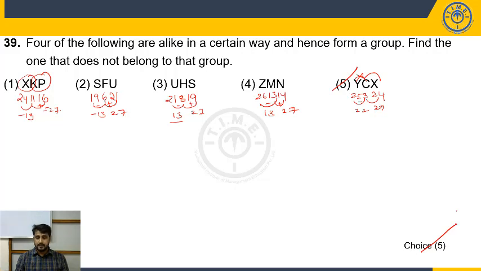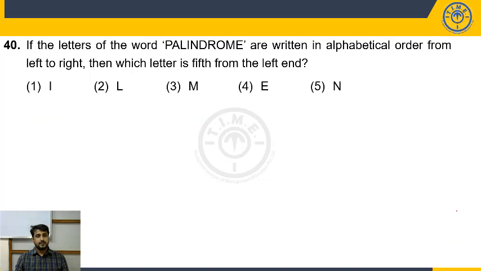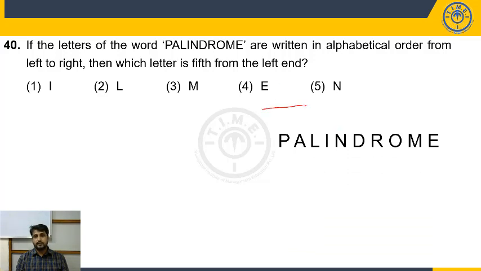Choice 5. Last question for this mock. If the letters of the word palindrome are written in alphabetical order from left to right, which letter is fifth from the left hand? Okay. Palindrome, we have to write it in alphabetical order from left side to right side. So what is the first to come among the letters?